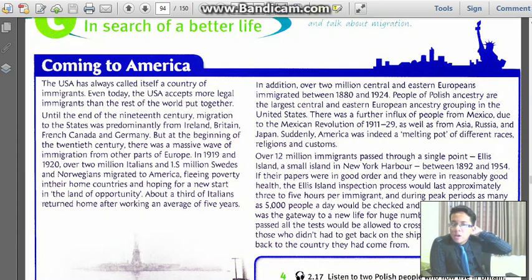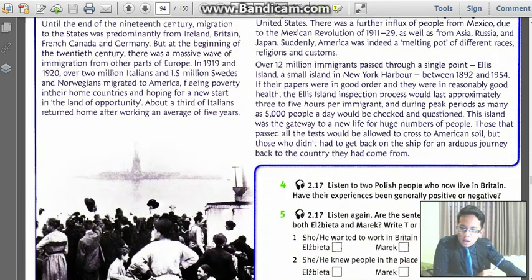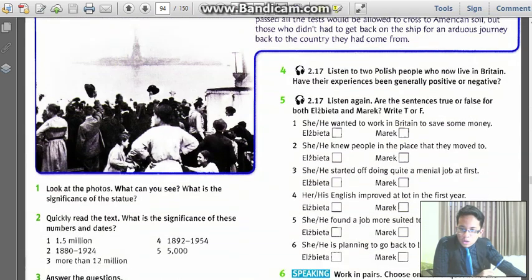For a story like that, there are some points of time and some numbers in there. So exercise number 2 tells us to read the text. What is the significance of those numbers and dates?